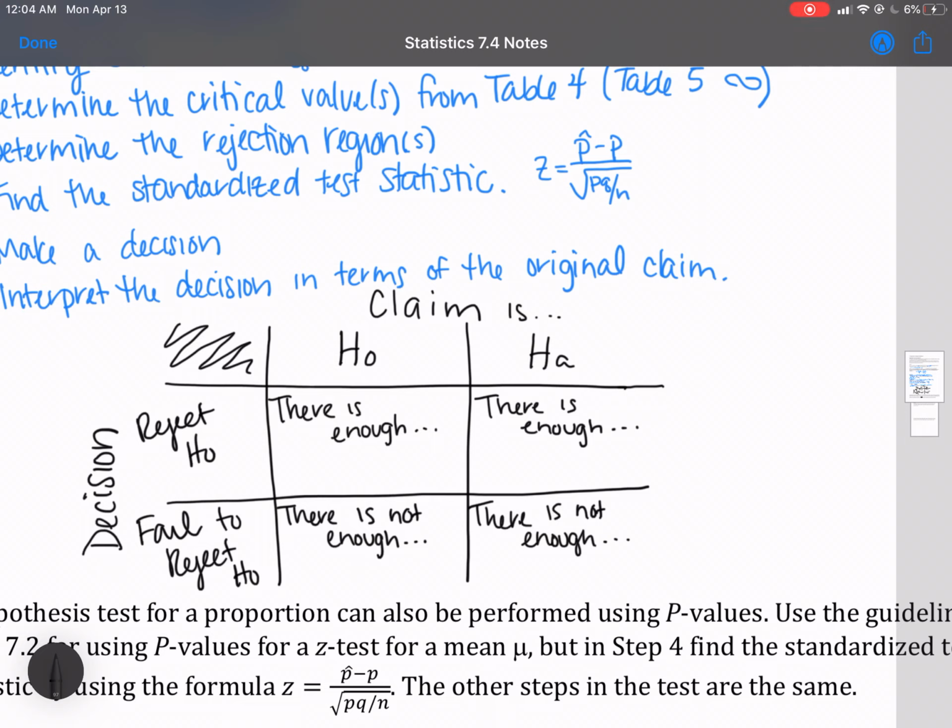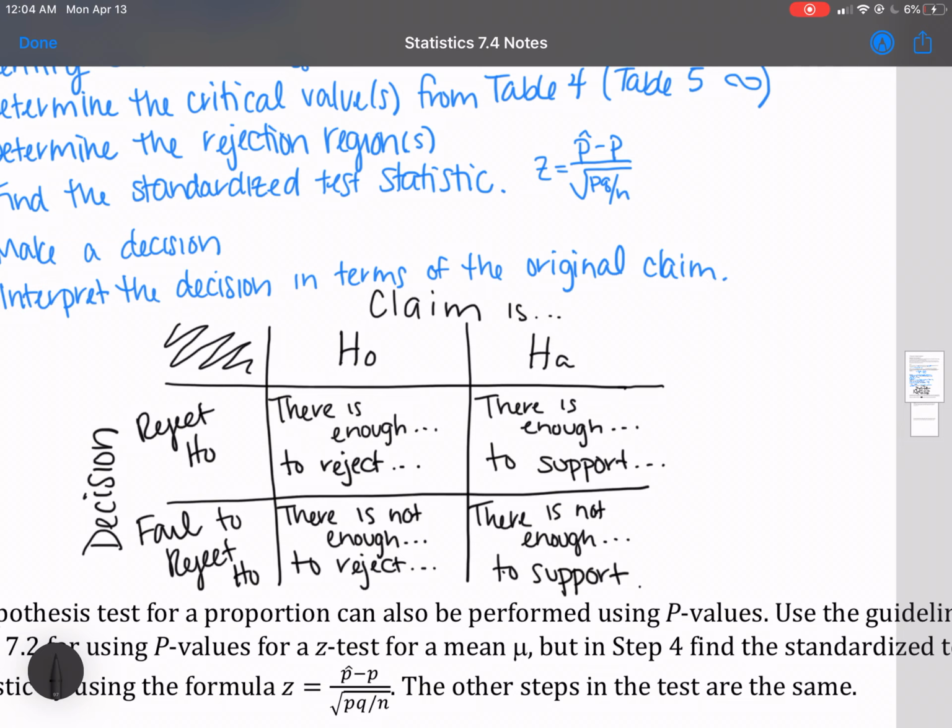Okay, then depending on where your claim is, determines the next part. So if your claim is in the null hypothesis, that means there is enough to reject, and then you would state your claim, or there is not enough to reject. Okay, if your claim is in the alternative hypothesis, that means there is enough evidence to support, or there is not enough evidence to support.